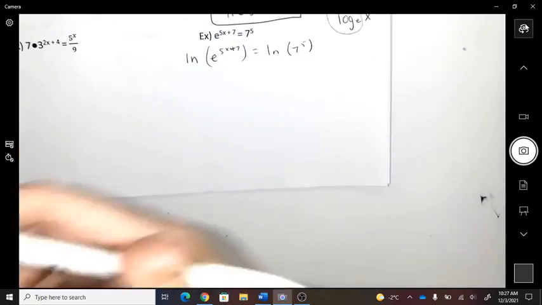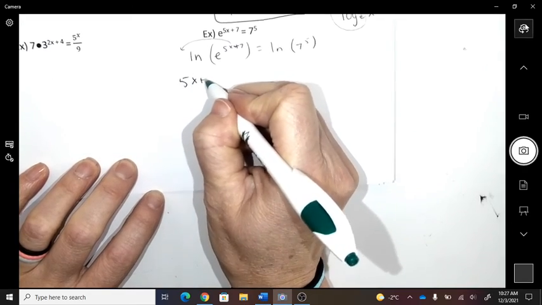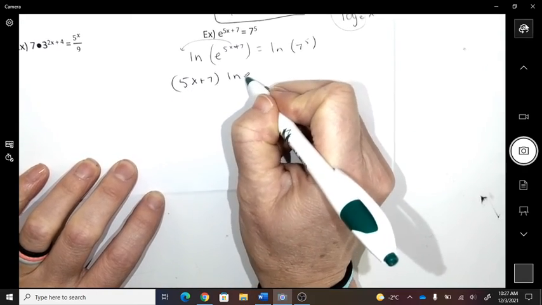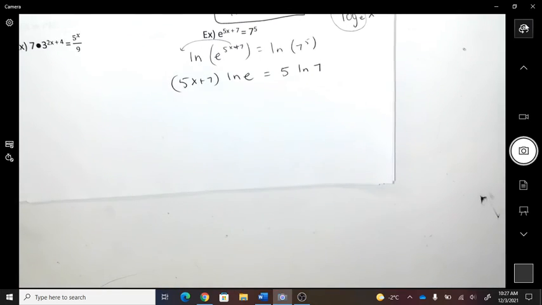Okay, so here's the rules. Ready? Exponents become coefficients. Okay, now I'm going to tell you why I picked ln instead of log. It's not wrong if you do log. You're going to get to the same spot.